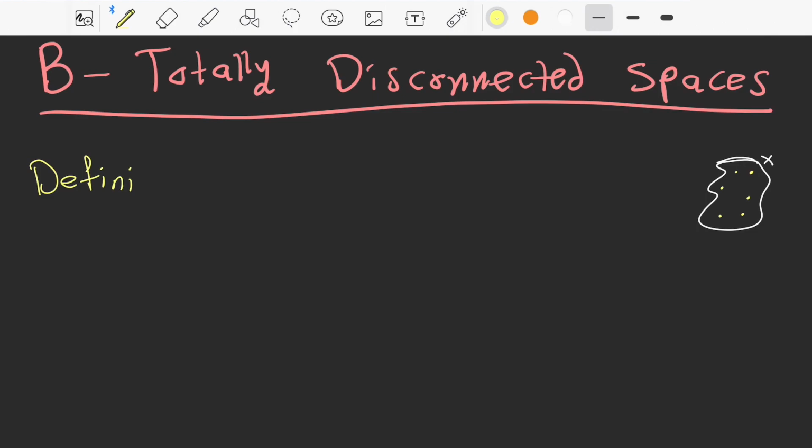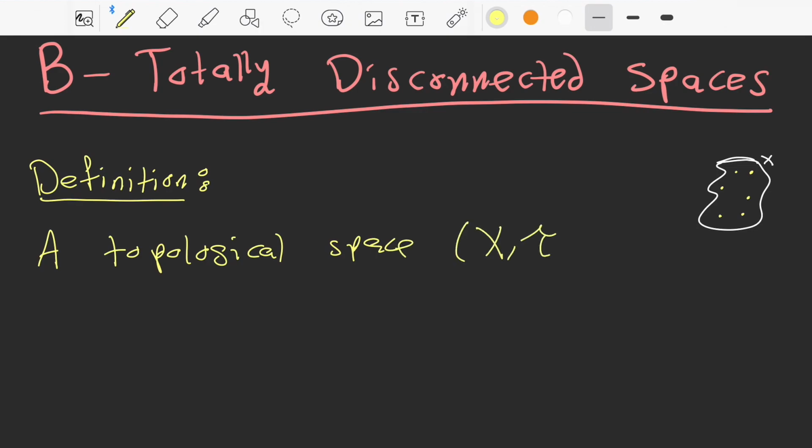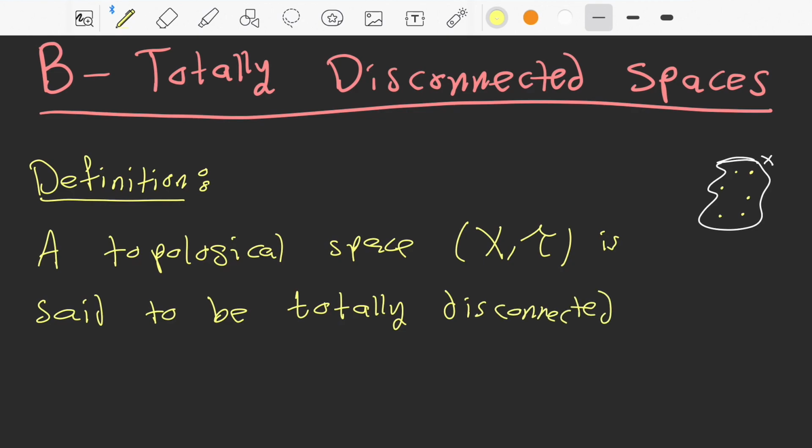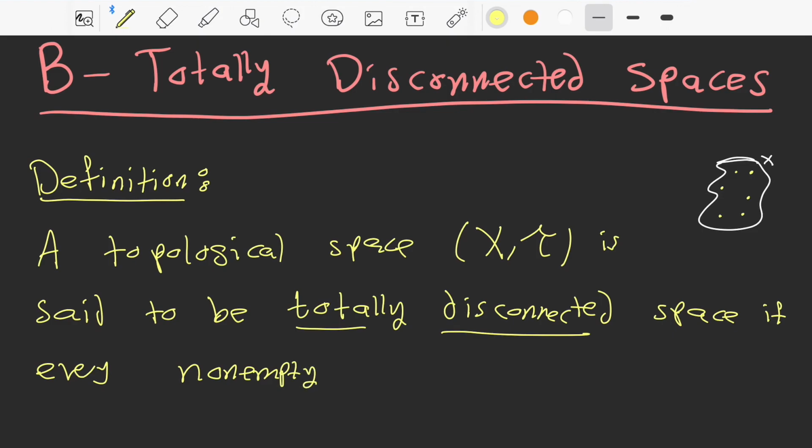So if we write the formal definition here, a topological space (X, T) is said to be a totally disconnected space if every non-empty connected set, so the connected sets, every non-empty connected set is a singleton set.